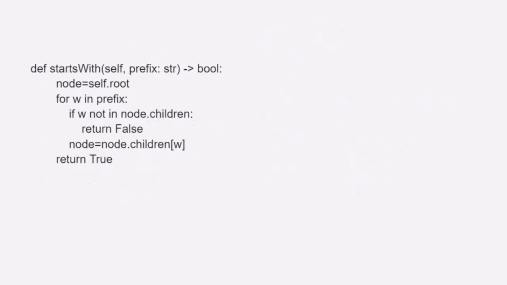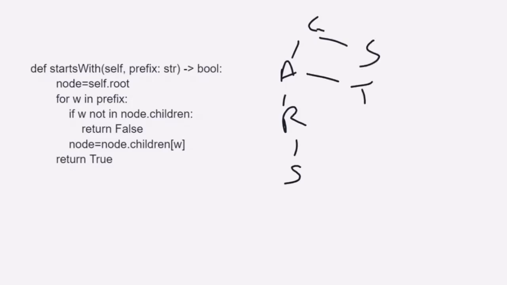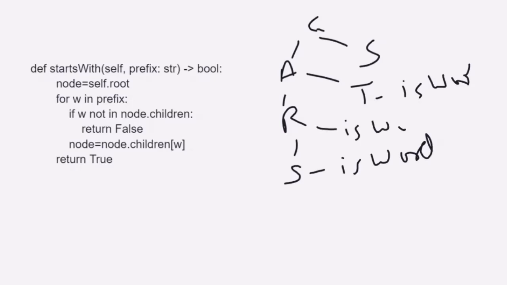And now moving on to the last implementation, which is checking if there is a subword, that is startsWith. So suppose like our previous example, you have cars and then you have cat, and now only CAT and CARS are marked as words, not car. Or suppose car is also marked as a word and we are given the prefix CA.